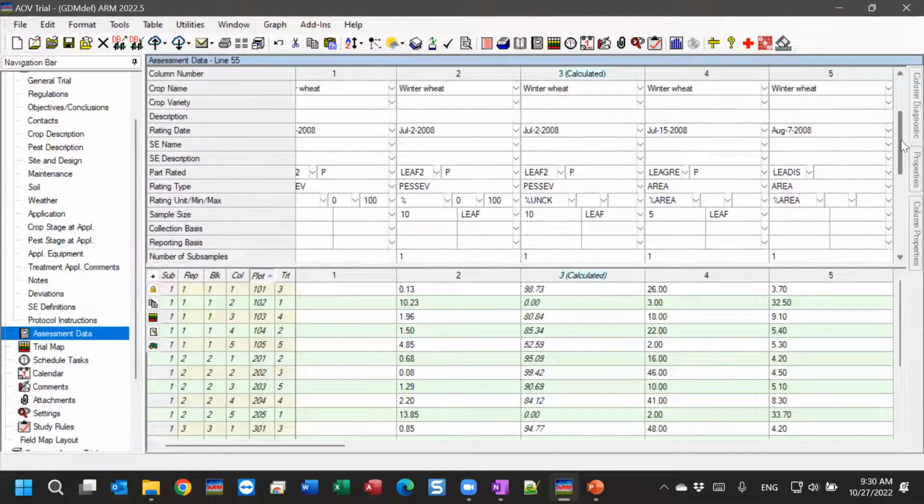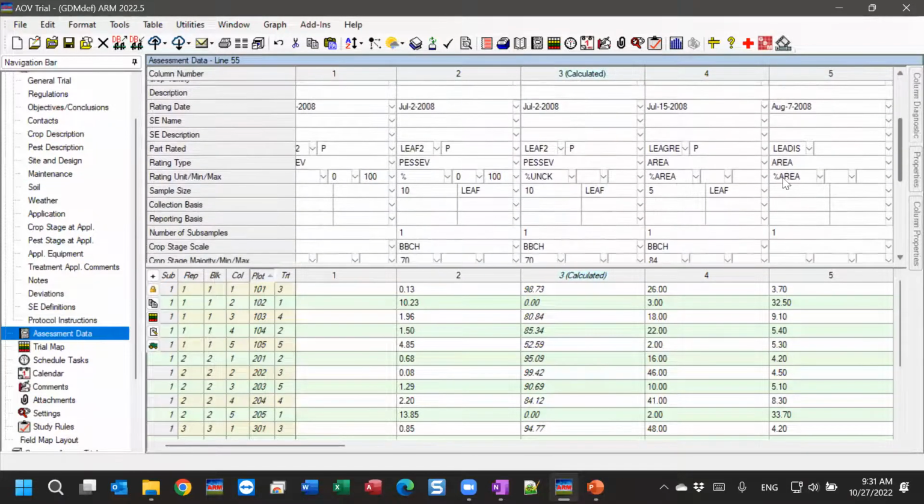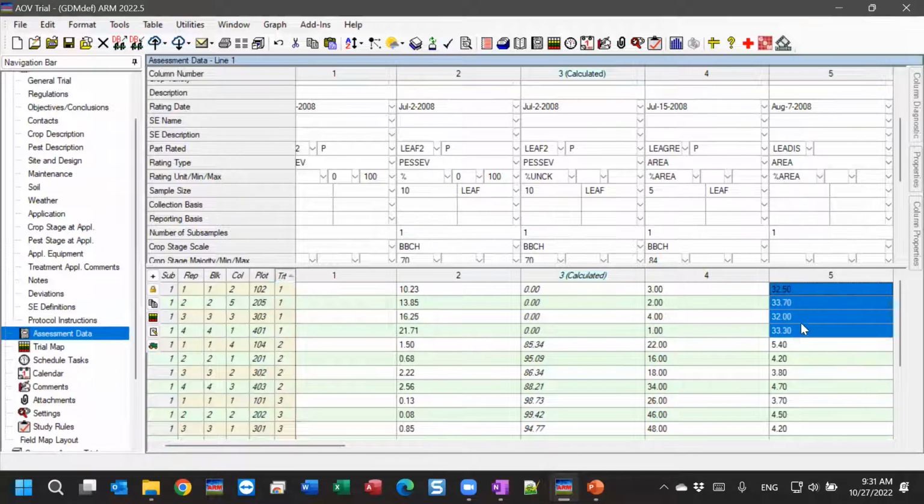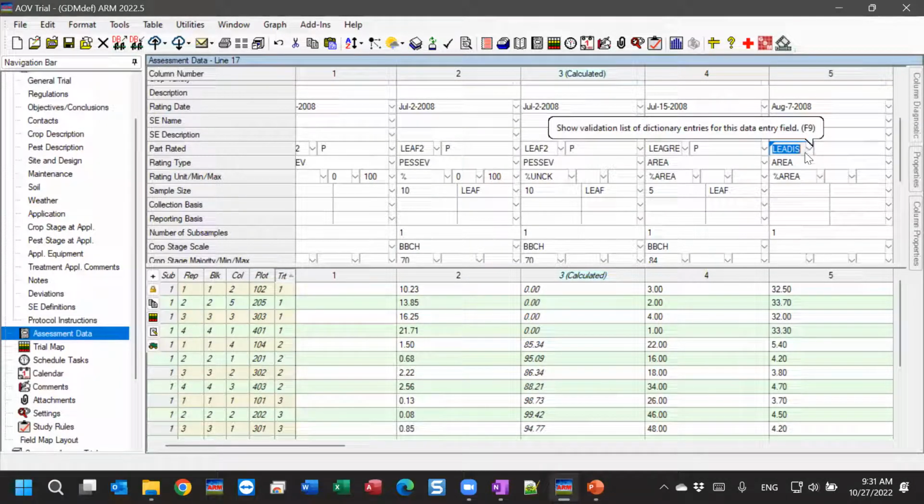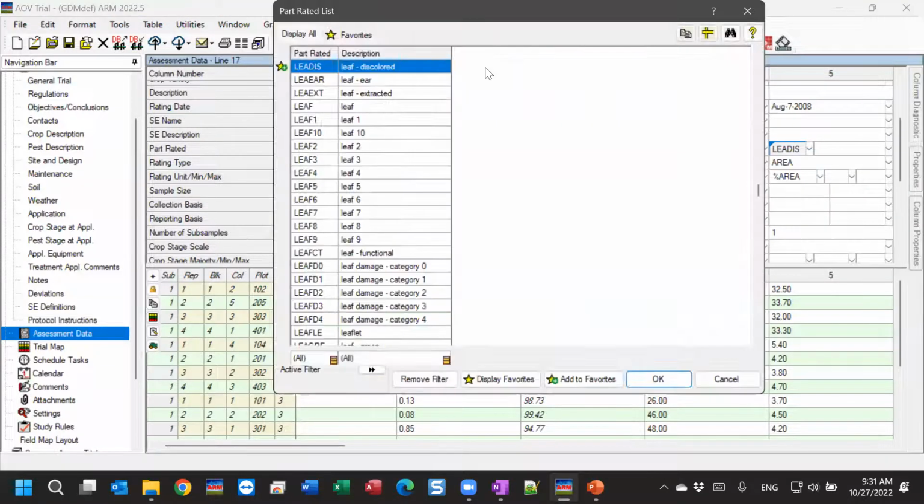And in this case, this assessment, sometimes it totally depends on your assessment, but it was very obvious here that we had a lot of, is this disease here, I think? Let me check the part rated is, yep, discolored leaf.